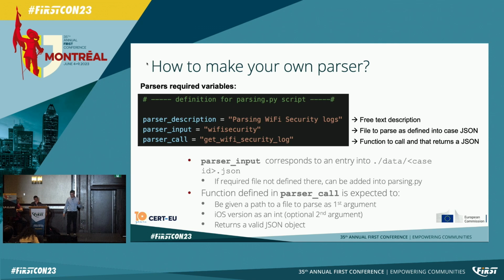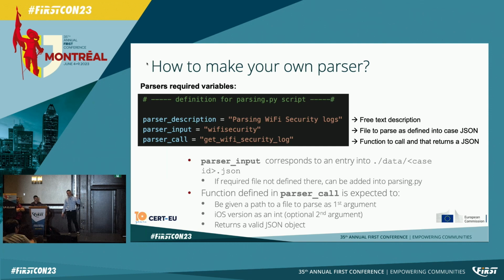Okay. So if you want to make your own parser, which will follow some rules of our framework, there are some required elements in the parser. The first one is to have some kind of header giving 3 inputs. The first one is the description, of course, and then you have 2 values, which are the input and the call. The input is a reference to an entry in the JSON file that we created during the initialize part of the operation.